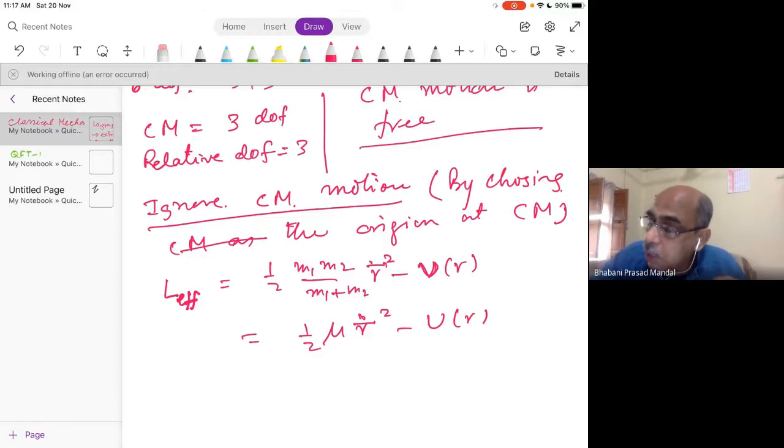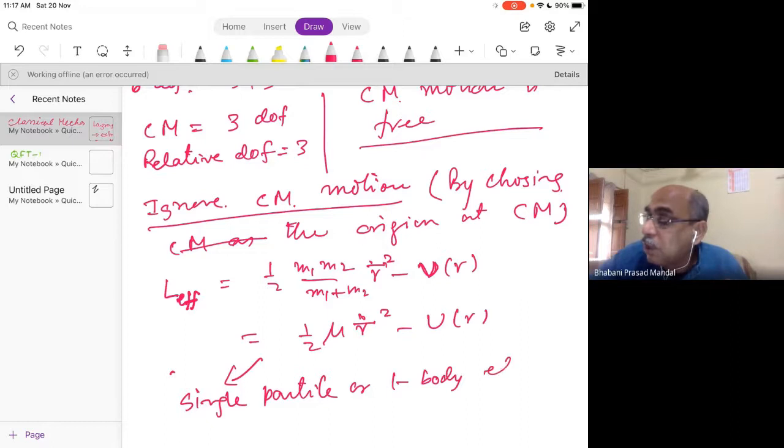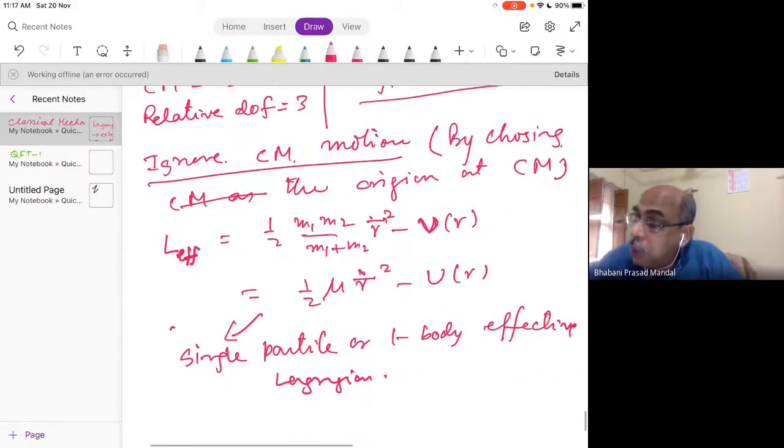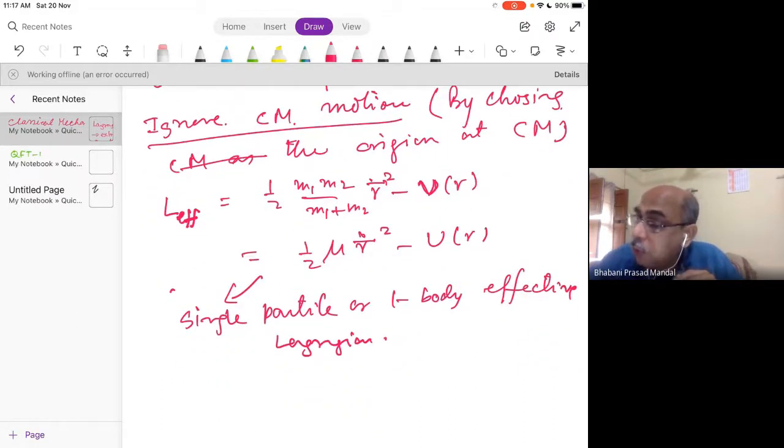So this is a single particle, or one body, effective Lagrangian. So by this procedure we know how you can reduce the two body problem to a single body problem.